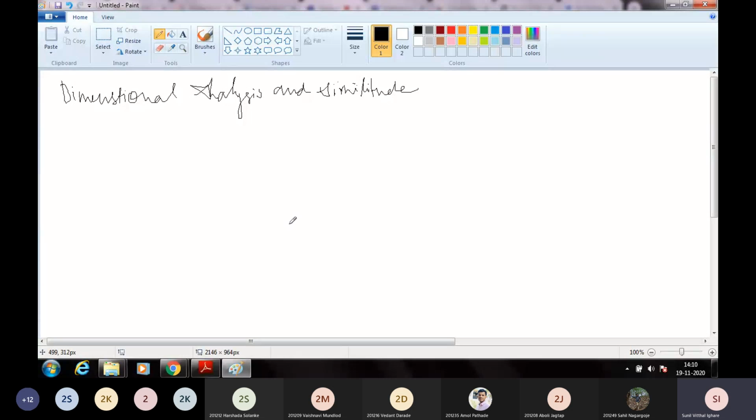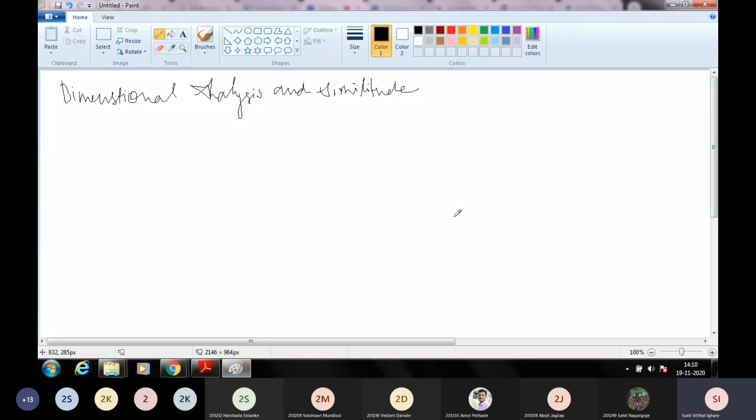Okay, so we start with the fundamentals, like the fundamental and secondary dimensions. Various physical quantities used in a fluid phenomenon are formed by some fundamental quantities or primary quantities such as mass, length, time, and temperature.